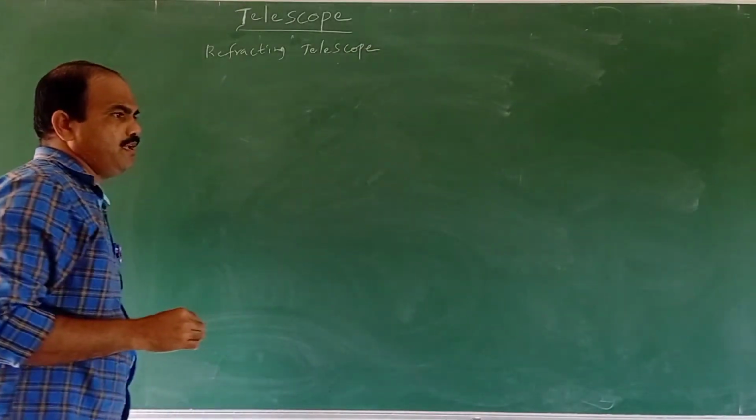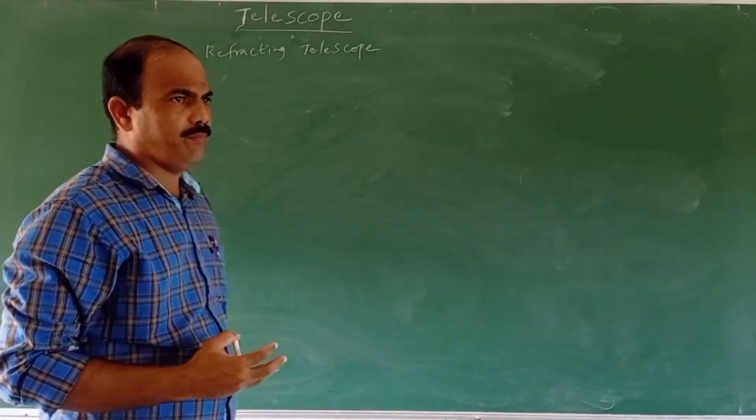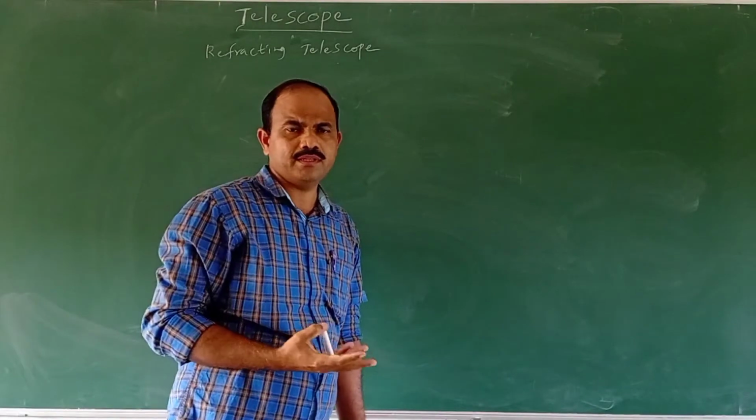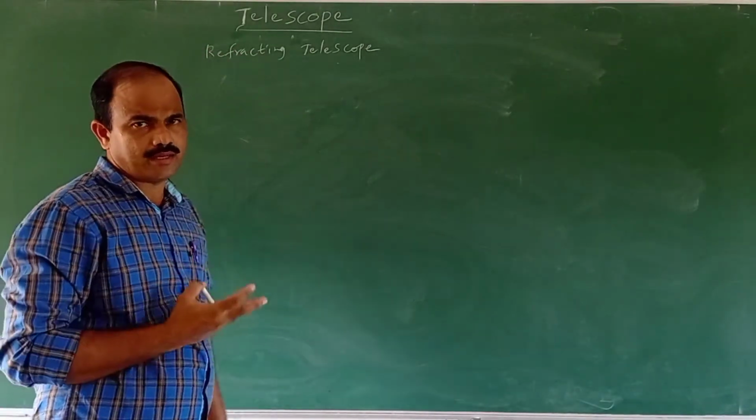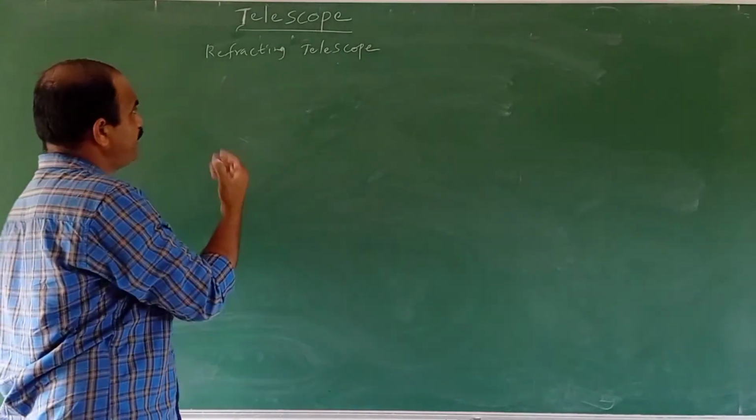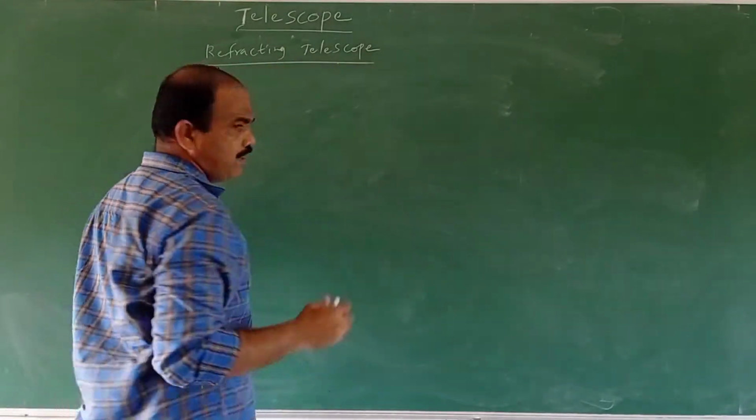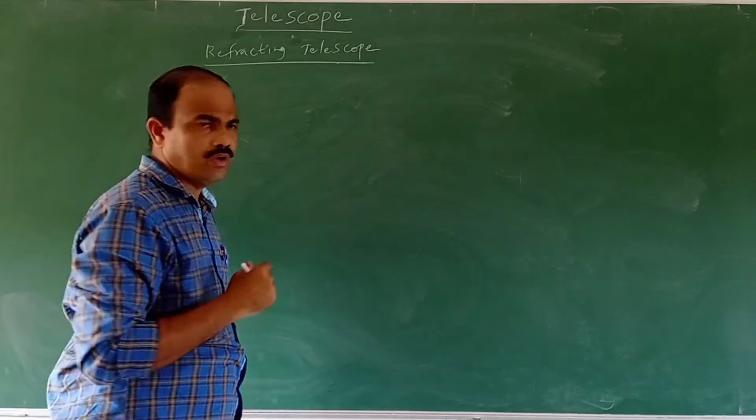In the compound microscope there are two lenses. In the same way, in the telescope also two lenses are there. The refracting telescope consists of two convex lenses.